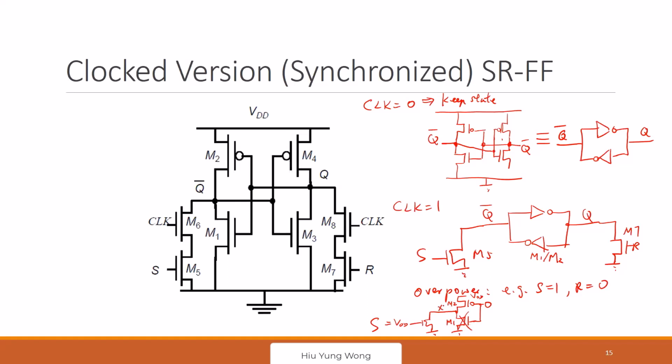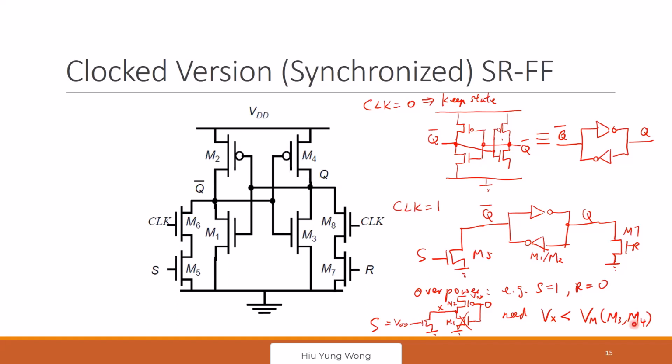So for this point, what do you want to do if I want to set it? I want to set it so that Vx is actually smaller than the Vm of M3 and M4.